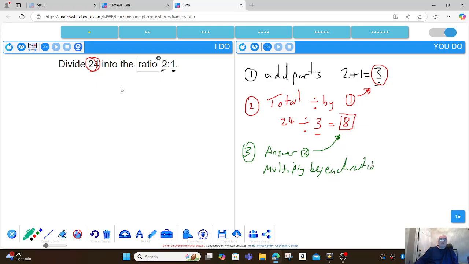So I've got my ratio of 2 times 8, that's going to give me 16, and I've got my ratio of 1 times 8 is going to give me 8. So my answer is 16 to 8. Okay, if you want to copy that down as a worked example.